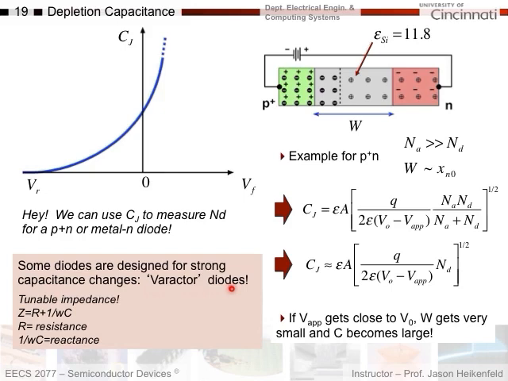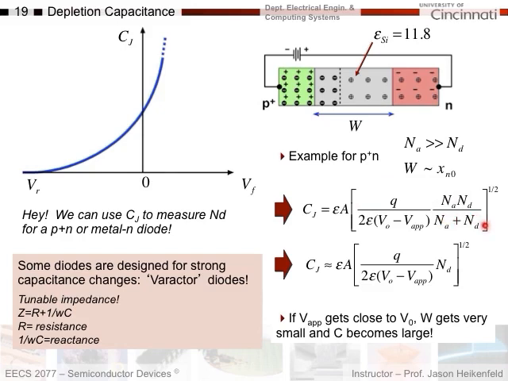We can also simplify this down, and we'll see why this is important in a second. So most of the time in this class, we'll have P plus N diodes, or N plus P. Again, most of the time, and I'll explain this when we talk about fabrication, you'll see that one side's heavily doped and the other side's lightly doped. Well, if I do that, I can simplify this down. So if this is P plus, Na is much greater than Nd, and so this just becomes Na.